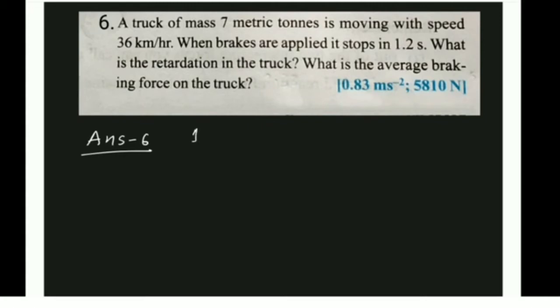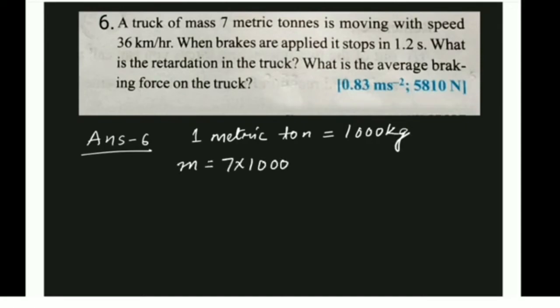Actually, 1 metric ton is equal to 1000 kg. So it means mass is 7 into 1000, it is 7000 kg.